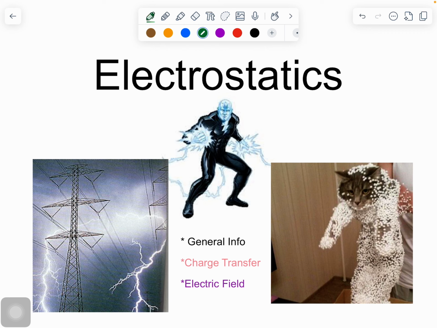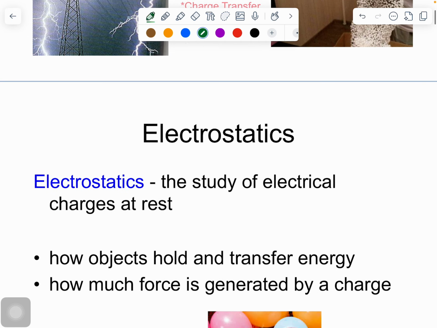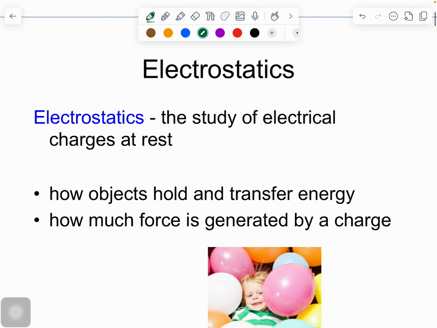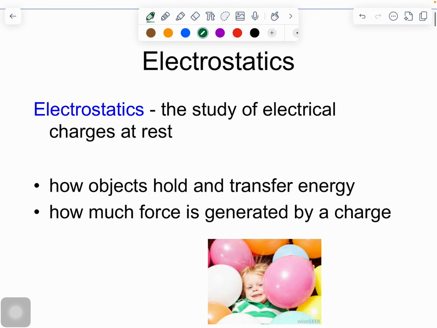So the first thing that we need to know is that all conversations about our electrical charge today are primarily going to be about the electrons. So the word electrostatics is officially defined here as the study of electric charges at rest, but we're specifically going to be talking about the collection of electrons in order to give us our electric charge.